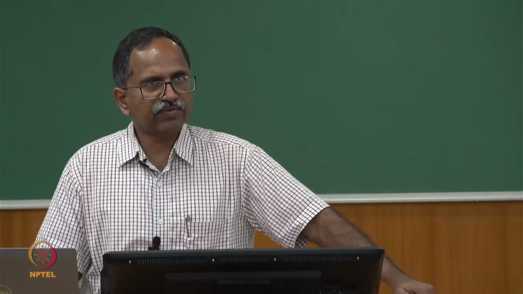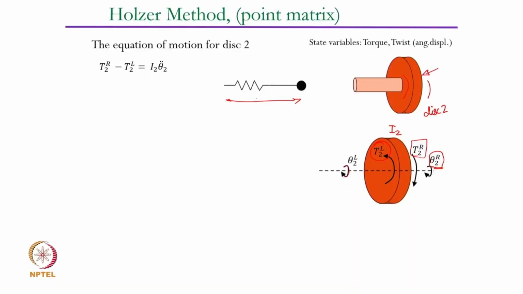But the disk is an inertia, so in a dynamic condition during your vibratory motion, the disk is going to have its own inertia. So again we apply Newton's law and try to figure out the relationship between these state variables. The net torque across the disk should be equal to mass times inertia.